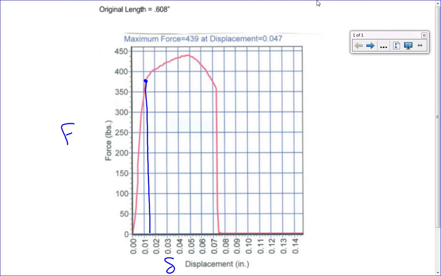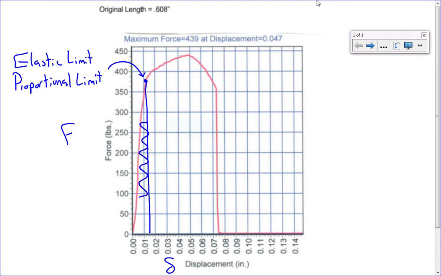This is also sometimes called the proportional limit. And then our elastic region.